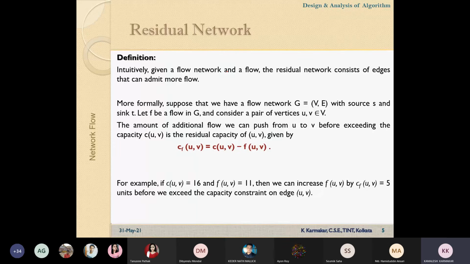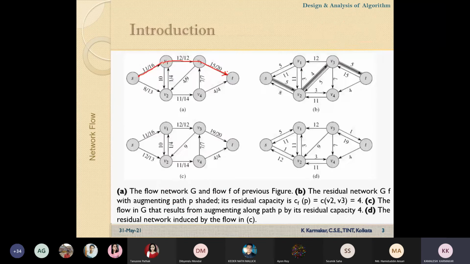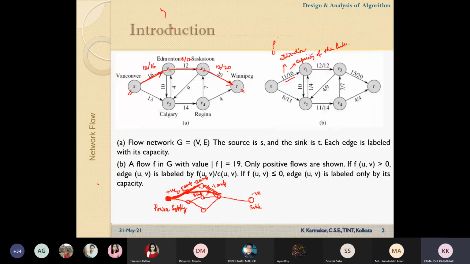A residual graph represents that some additional flow may be possible in this graph. Because in this case, when you have marked it, is it the maximum flow of this network? No, we don't know whether this is the maximum flow, because through another path we may have some additional flow.